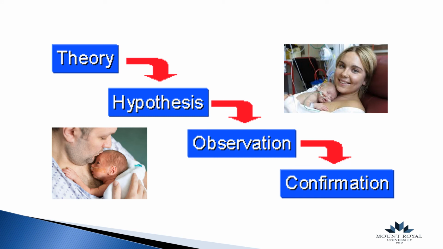So we could come up with a theory around that, and then we could gather data from all of those babies through our observation and gathering numbers, and then we could compare babies that had kangaroo mother care and babies that didn't, and see if we test our theory.